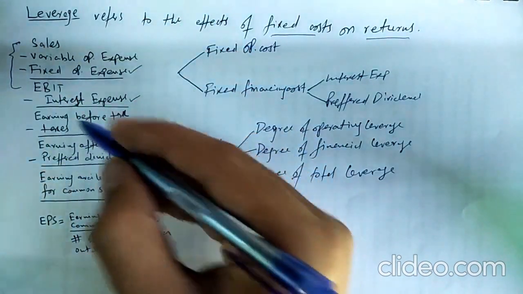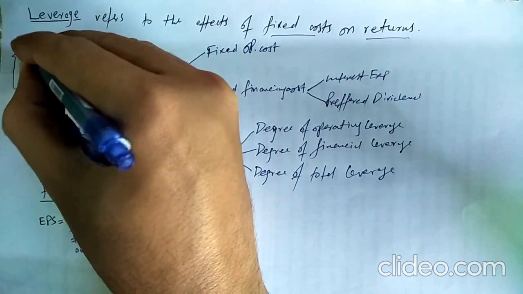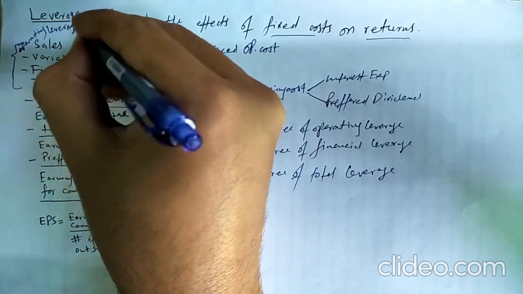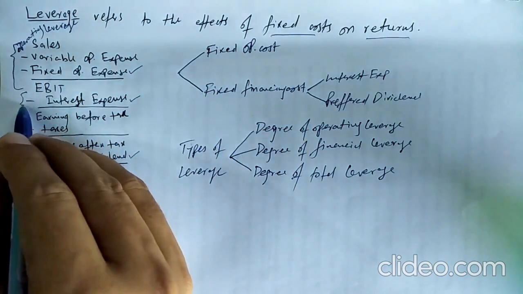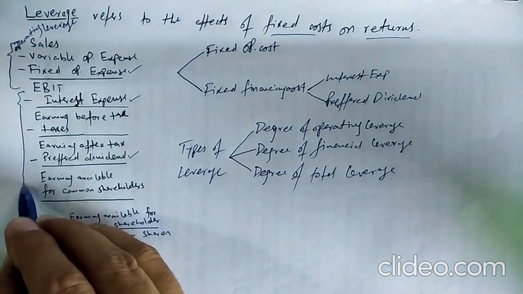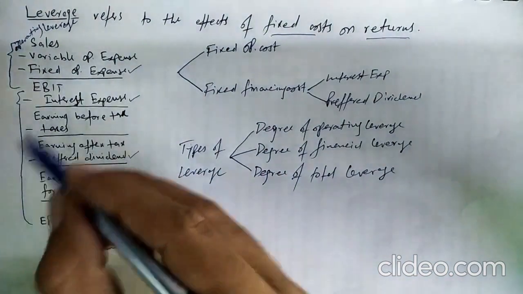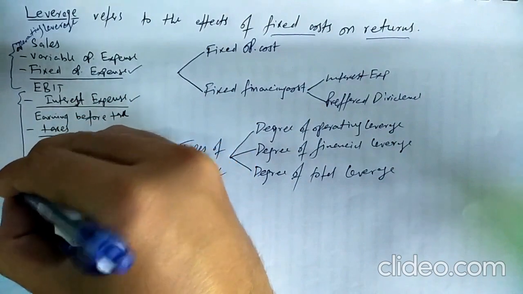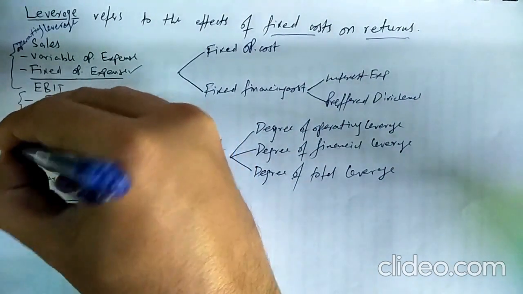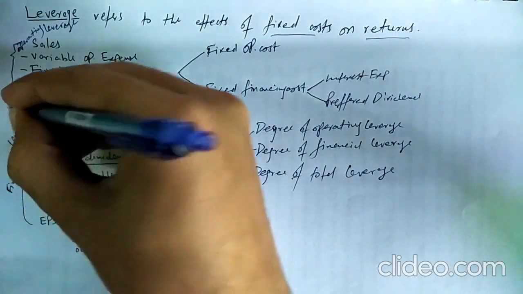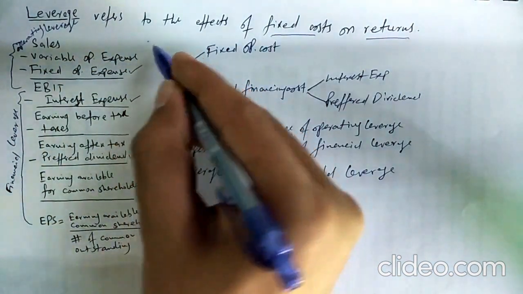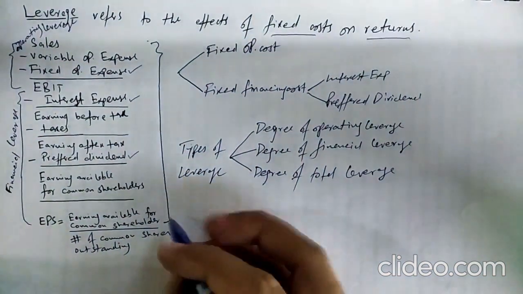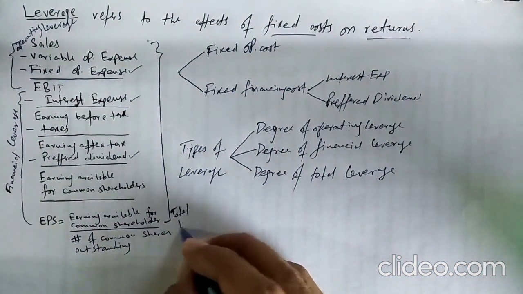Through the area from EBIT till EPS, by using EBIT and EPS data, we can calculate financial leverage, and by using data from sales to EPS, we can calculate total leverage.